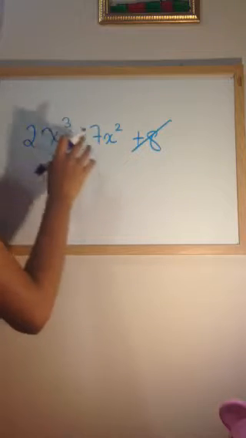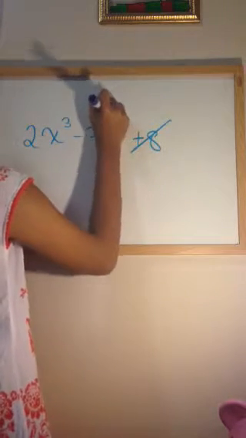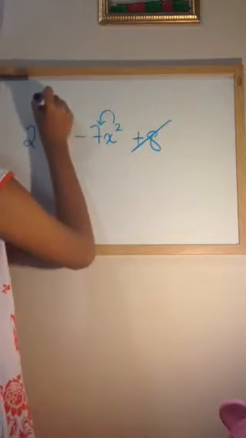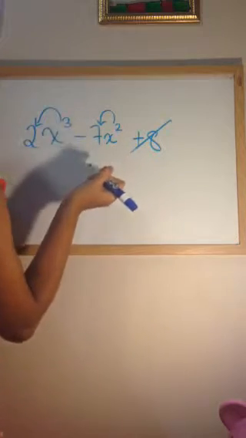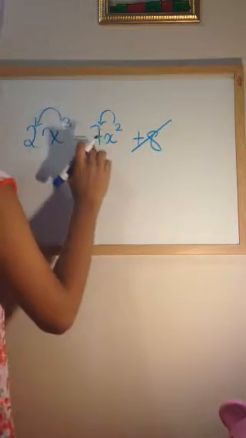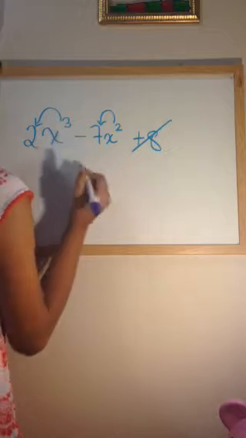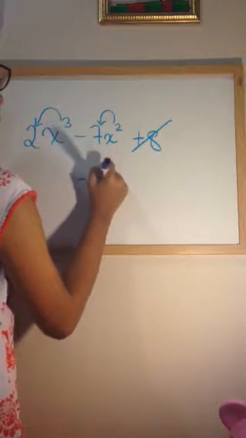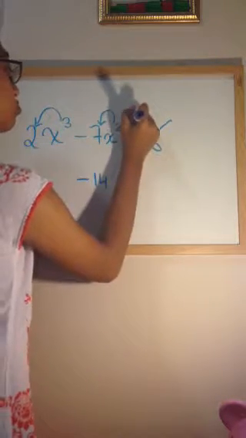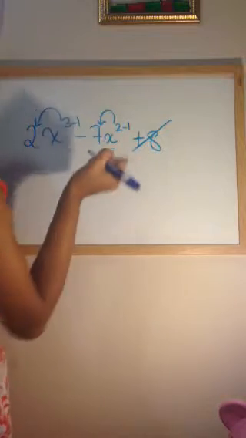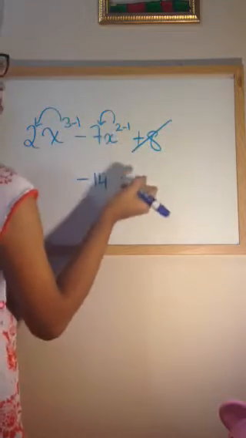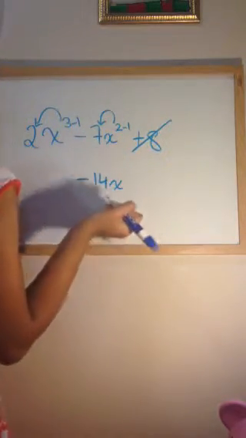And for now, you have to multiply the exponents by their coefficient. So negative 7 times 2 is negative 14, and of course you drop the exponent by 1, so 14x.